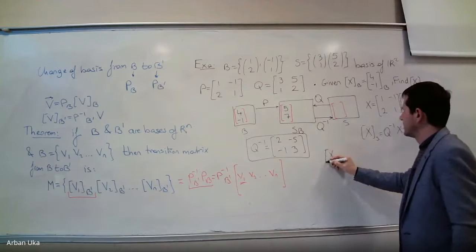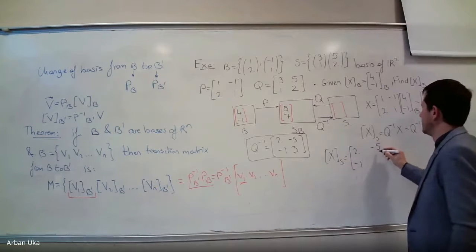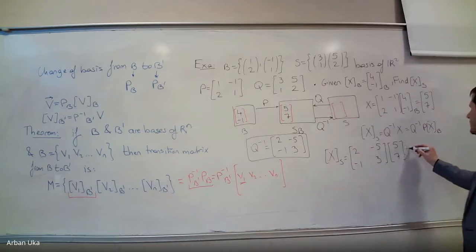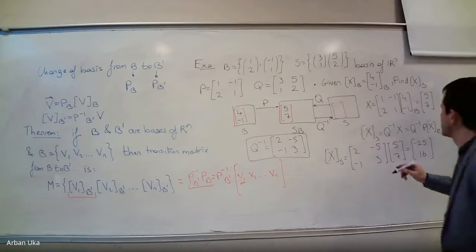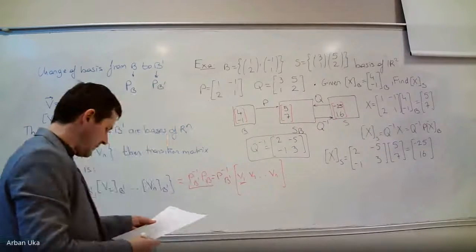Then x in S is equal to [[2, -1], [-5, 3]] times (5, 7), which gives 10 - 7 and -25 + 21. Yes, this is the xS.